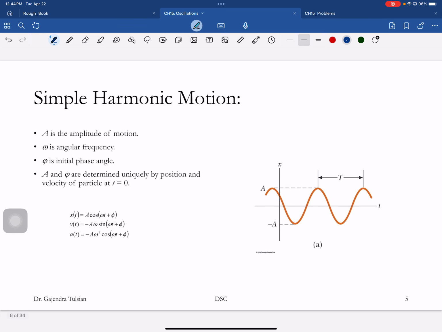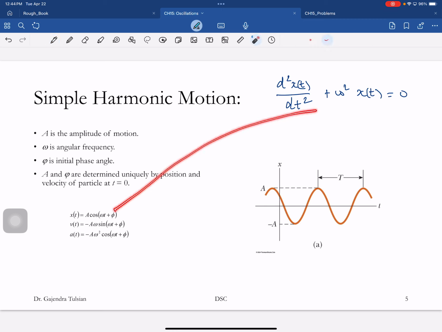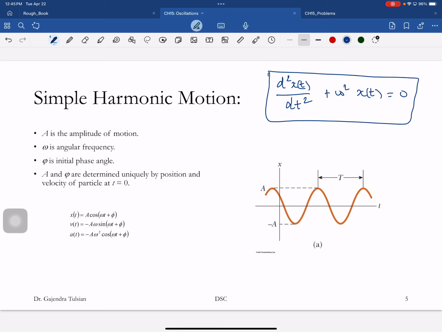So here's a solution. You can plug this back into the equation and make sure that it does satisfy the equation. You can verify that this will indeed satisfy this equation. Now let me point out a couple of things about the solution.